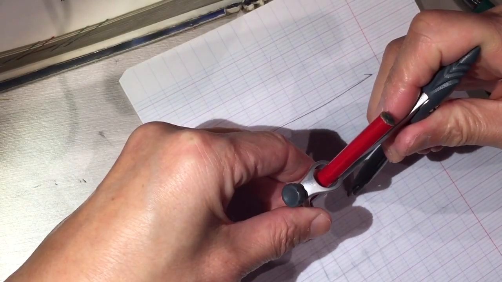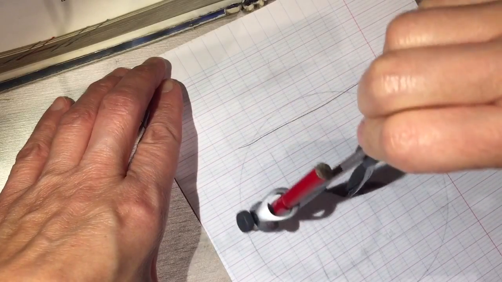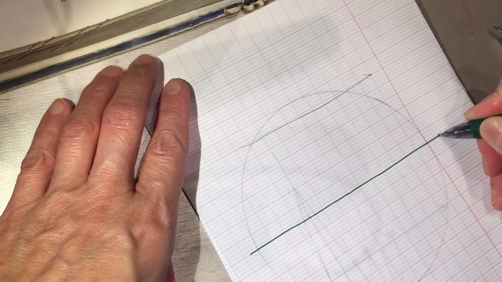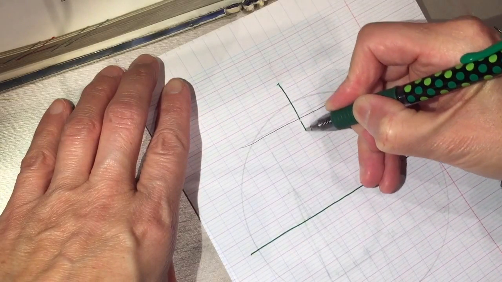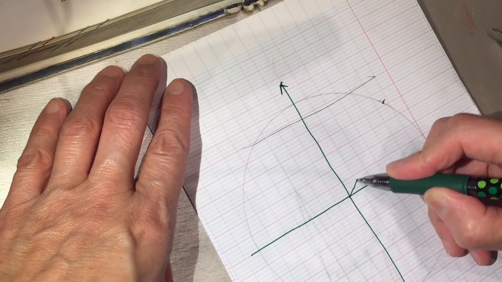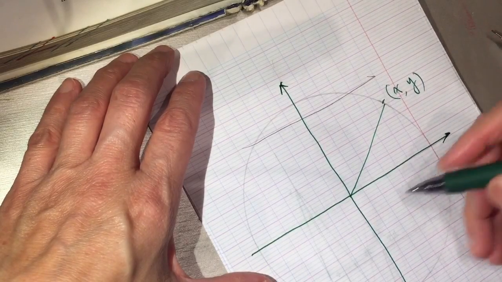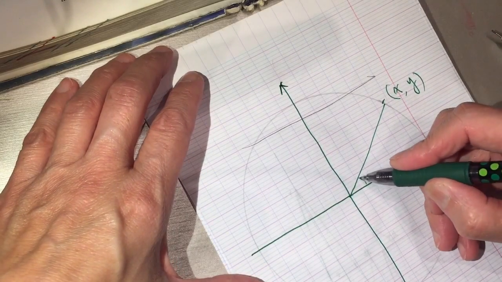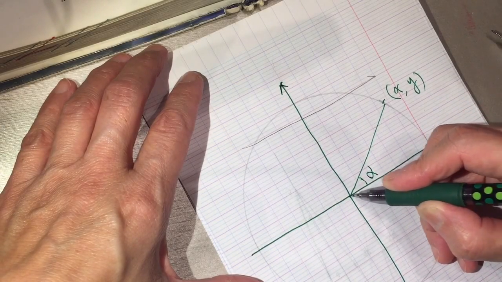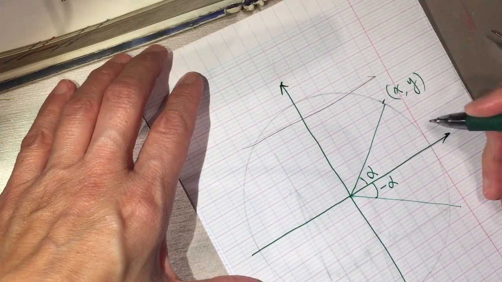Let's do a unit circle to start with. Here is our unit circle. And let's say we have an angle we don't know, so this is x, y, and the same angle. This is angle alpha, and the same angle negative alpha.